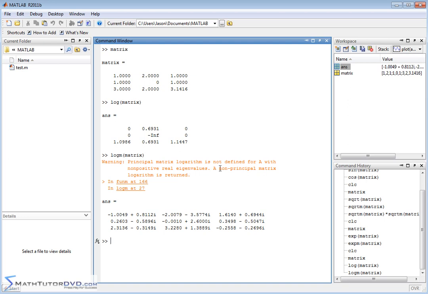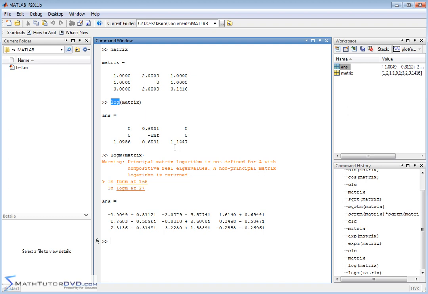It's all about the mathematical definition of how this is done. And here's the answer that it calculated, the matrix logarithm, which looks totally different from this element by element business. So in general, with square roots, exponentials, and logarithms, if you just use the regular old command from MATLAB that you've used before, then it's going to go element by element. In most cases, that's probably what you want.